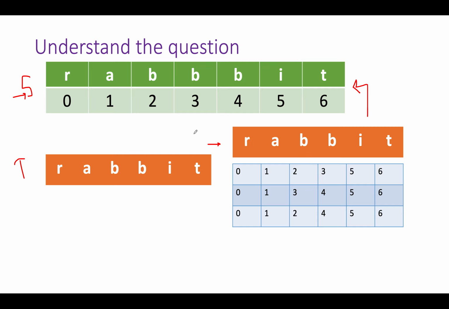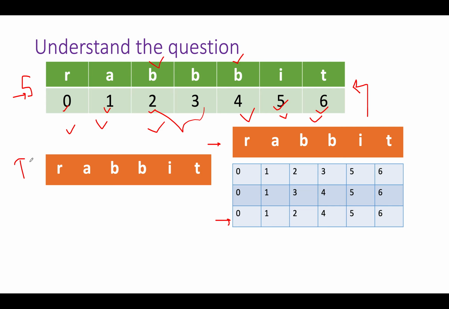Let's look at it. If we select this character R, A, and these two B's in the first case, then we'll form rabbit followed by T. So this is the first possibility. The second possibility is you select R, A first, then out of these 3 B's you select the first B followed by the third B. So you select this B and then this B followed by T. Again you are able to form rabbit.